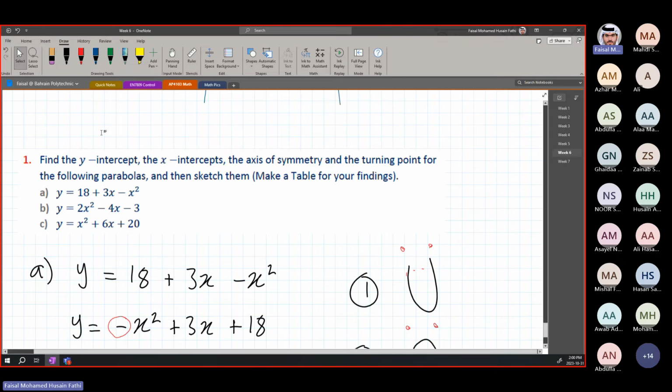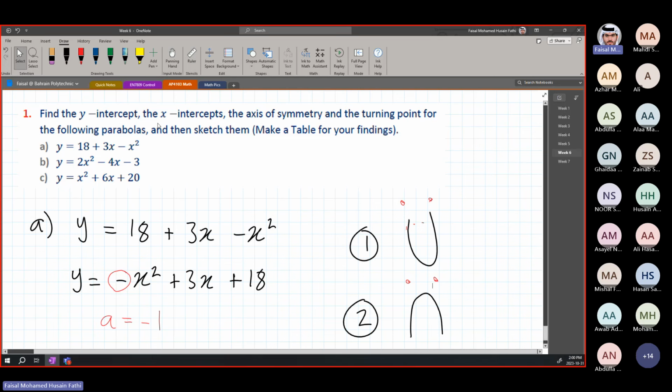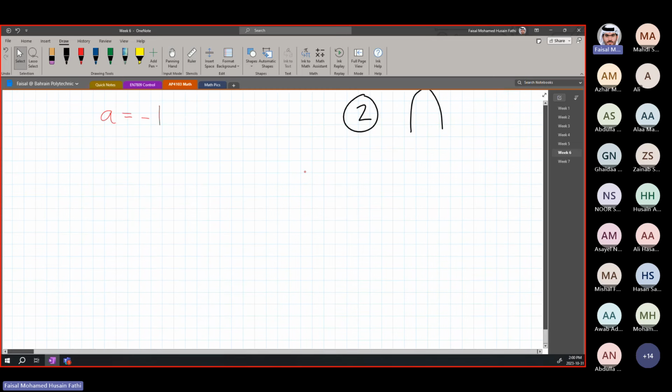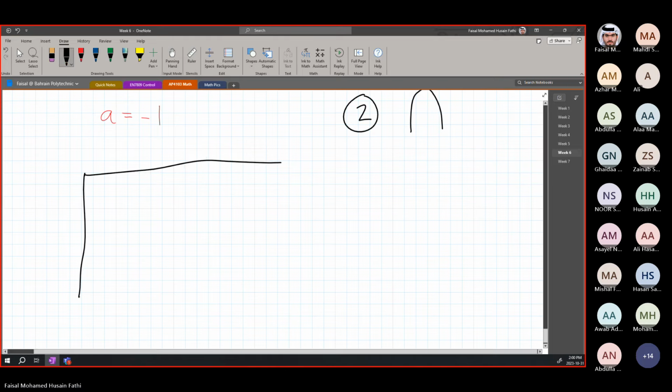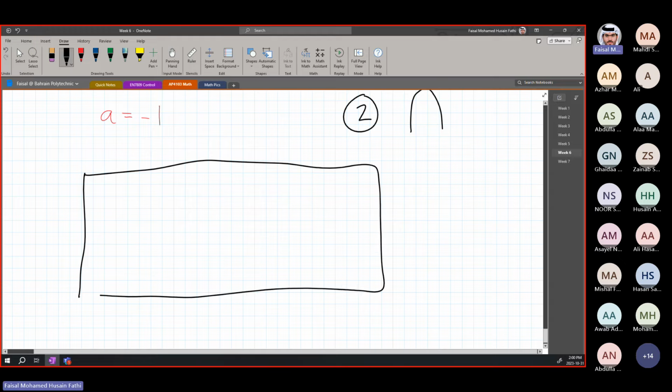That was just from me. Now if we read the question: find the y-intercept, x-intercept, axis of symmetry, turning points. The steps we did, 1 to 4, and make a table. So what should you do? You should have a table something like this.